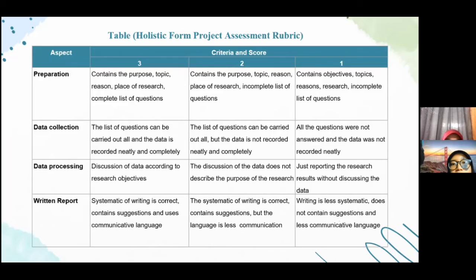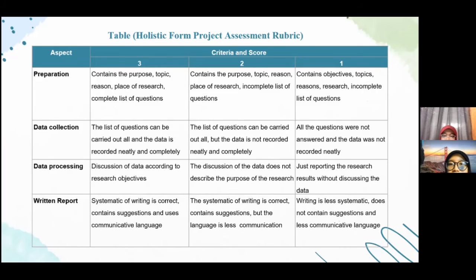Here we have the table of the holistic form project assessment rubric. We have aspect, criteria, and score. In the aspect we have 4 aspects: preparation, data collection, data processing, and written reports. In the criteria and score, the preparation contains the purpose, topic, reason, place of research, and a complete list of questions, and we get score 3.